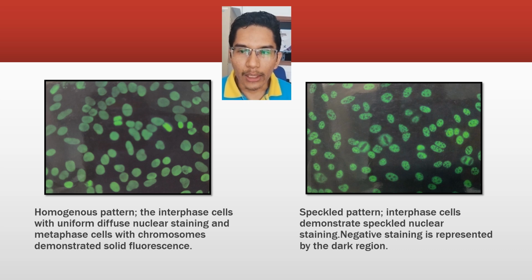The left picture shows the homogeneous pattern, the interphase cells with uniform diffuse nuclear staining and metaphase cells with chromosome demonstrating solid fluorescence, while the right figure shows the speckled pattern. Interphase cells demonstrate speckled nuclear staining. The negative staining is represented by the dark region.